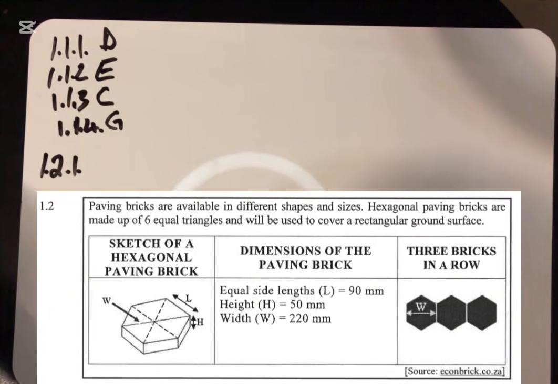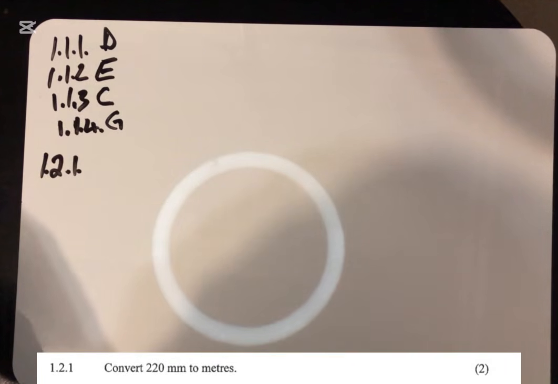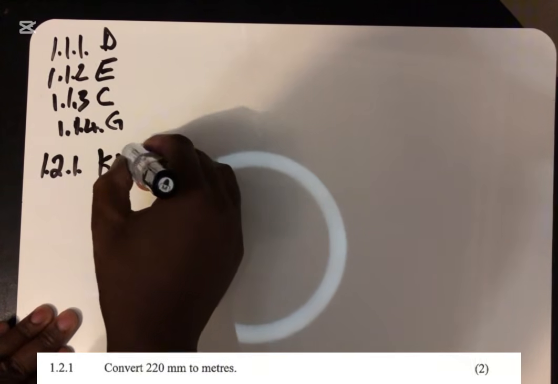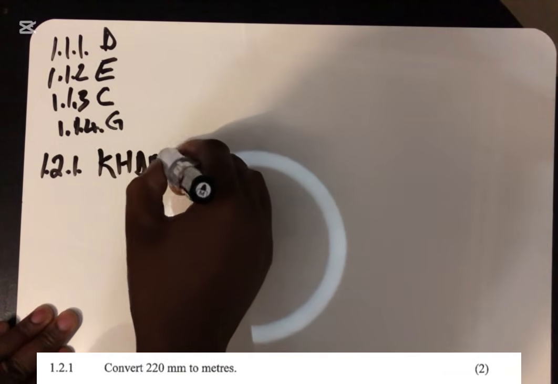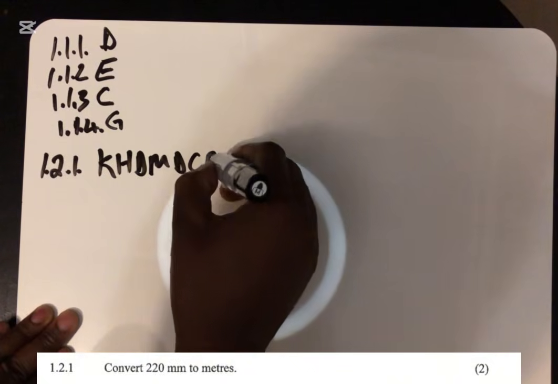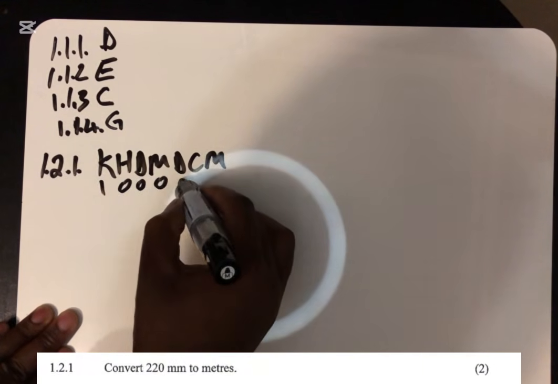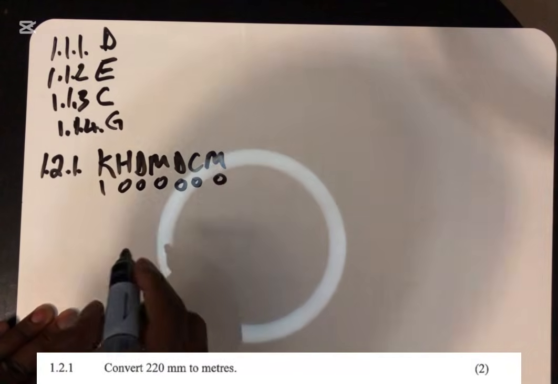The first question says convert 220 millimeters to meters. Every time you deal with conversion, we go to what? The King Harry. King Harry died miserable death called malaria. And then we say 1000, 100, 10, 1, 0.1, 0.01, 0.001.